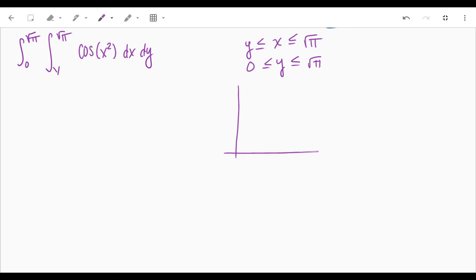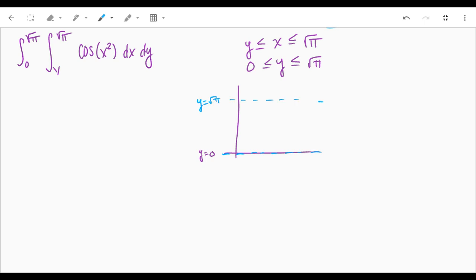x is between, let's do y first. So y equals 0. Maybe I'll use a different color for that too. So we're between y equals 0 and y equals the square root of pi.